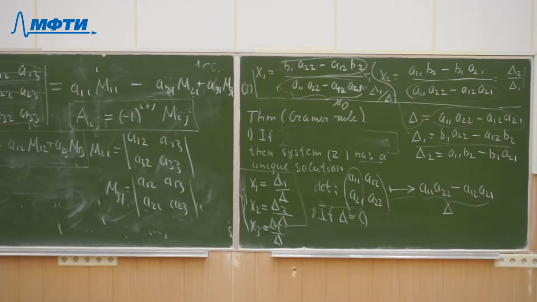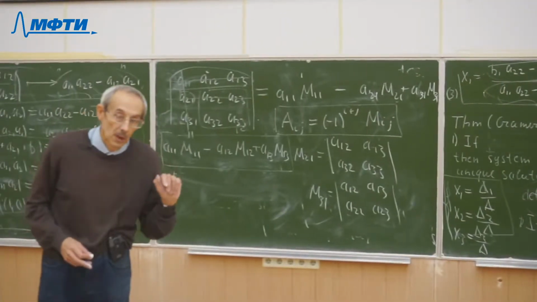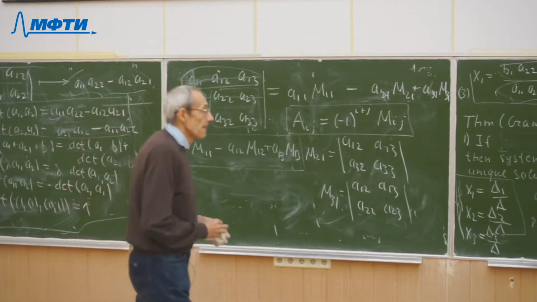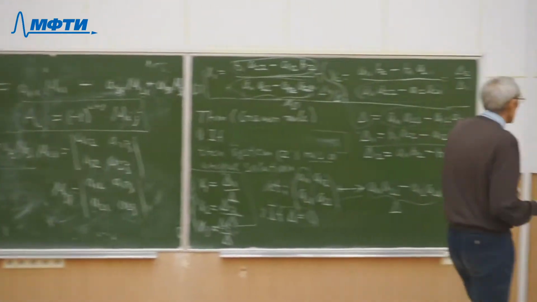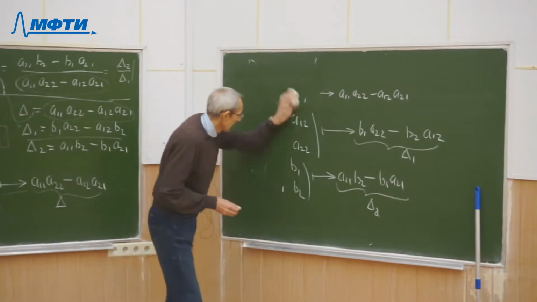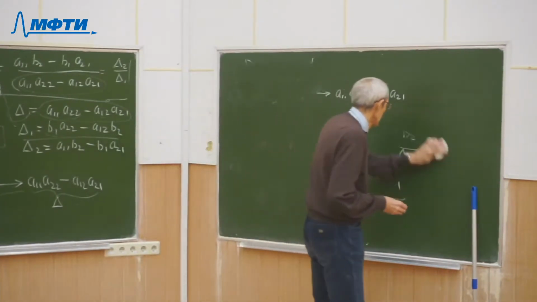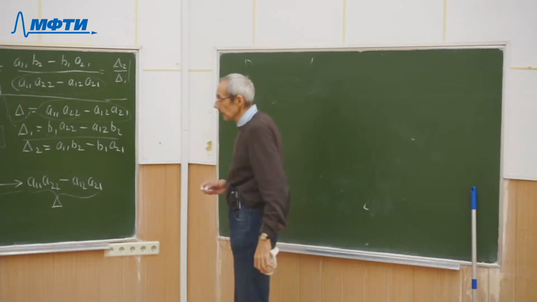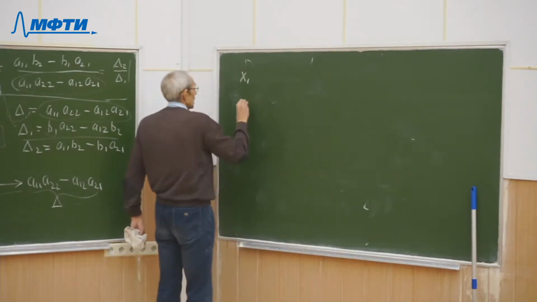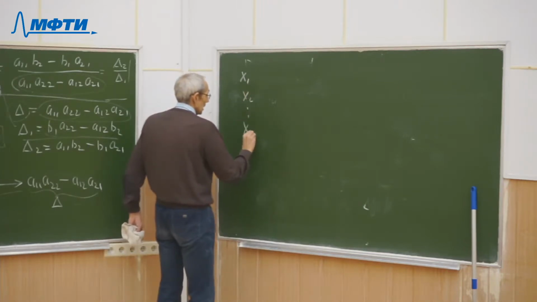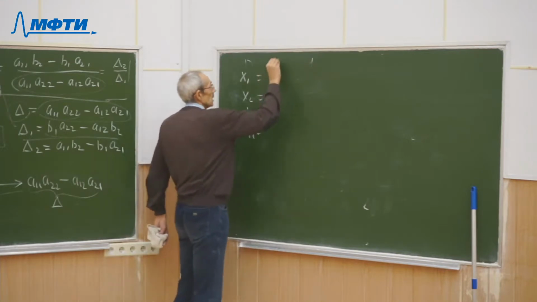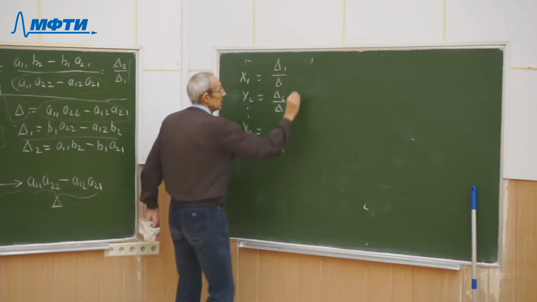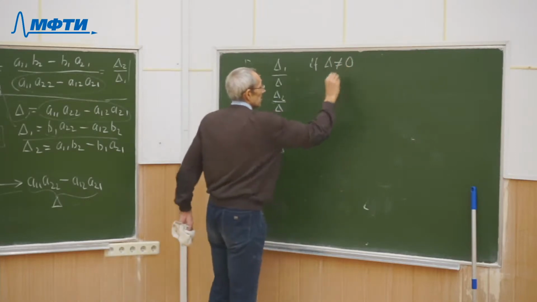Moreover, we have the same formula for an arbitrary square system of linear equations, and in this general theorem all unknowns x1, x2, ..., xn are defined by the same formula: delta 1 over delta, delta 2 over delta, and delta n over delta, if delta is not equal to 0.